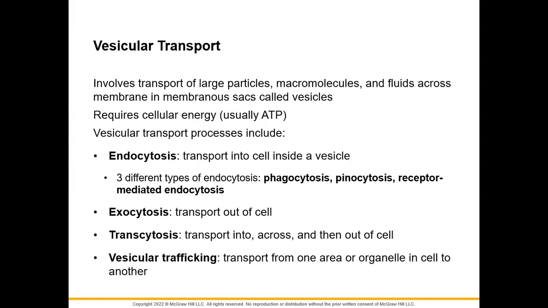There's 3 different types of endocytosis: phagocytosis, pinocytosis, and receptor-mediated endocytosis. Exocytosis is transport of a substance out of the cell. Transcytosis is transport into, across, and then out of the cell. And vesicular trafficking is transport of a vesicle from one area or organelle in a cell to another.